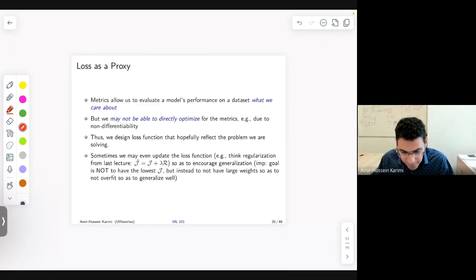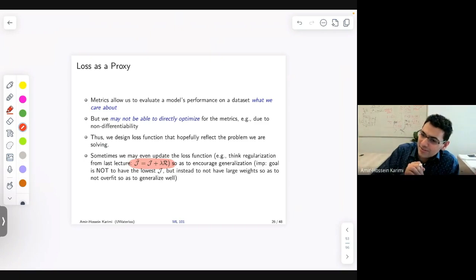Like in the case of last lecture, we had this loss function here, which was even difficult to optimize because now we had a choice of hyperparameter built into it. Do I add more regularization? Do I add less regularization? What do I do? So we just need to be aware of the difficulties in trying to first formulate what we actually care about, and then go about solving it. At each step, we're going to make some assumptions that could creep into the performance of our model overall at the end.